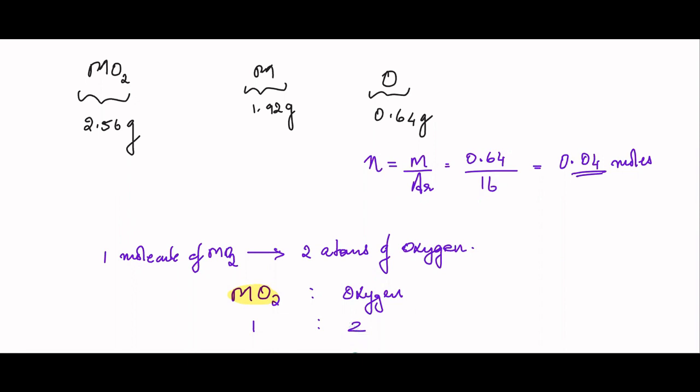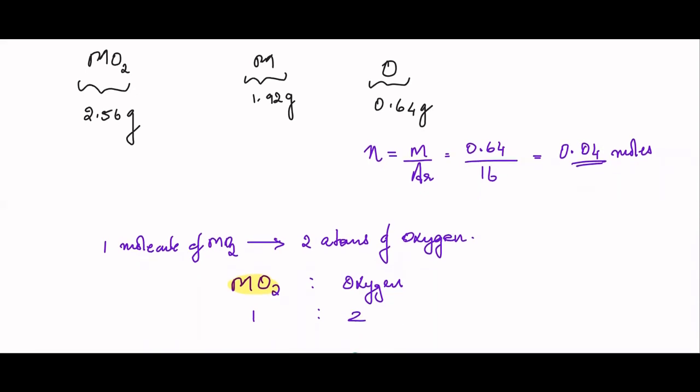So in that case, if I'm having 0.04 moles of oxygen, how much of MO2 will be containing 0.04 moles of oxygen? Let's do a cross multiplication and find it out.